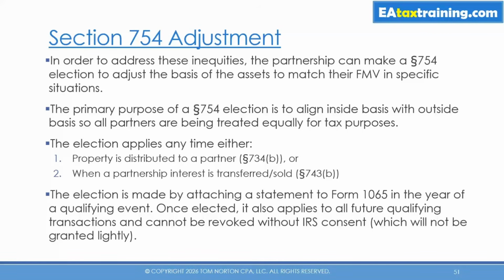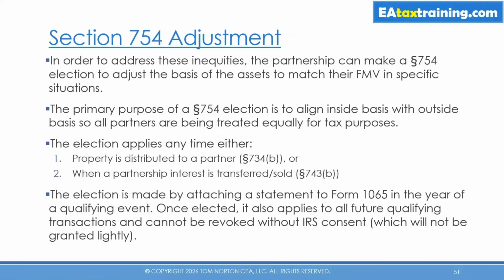The questions are going to be more theoretical in nature rather than actually making you work out a problem. So it's going to be, what is the purpose of a 754 election? Well, it's to align the inside and outside basis so that all the partners are treated equally for tax purposes. If you make the election, it applies to all distributions to a partner under what code section?